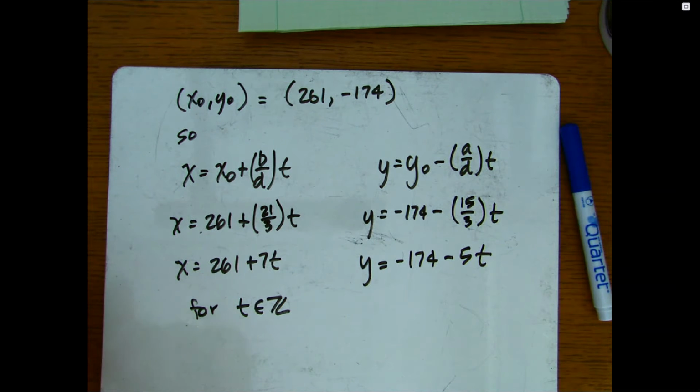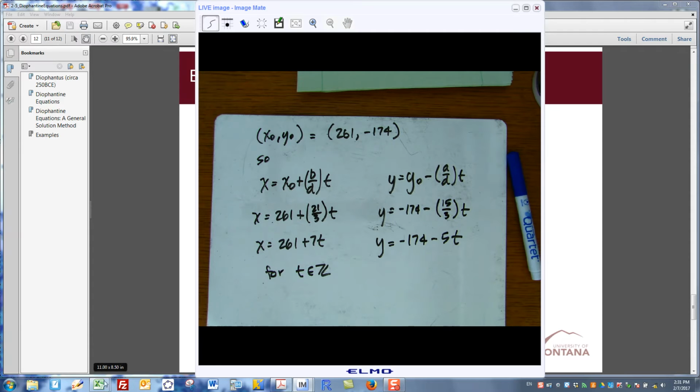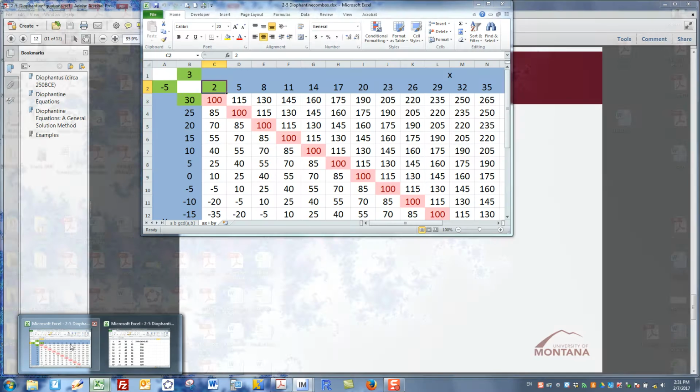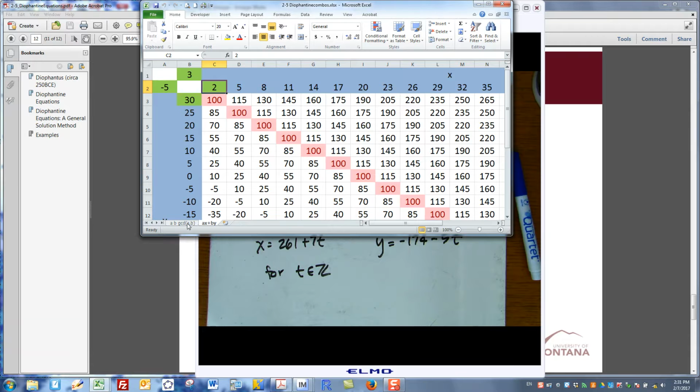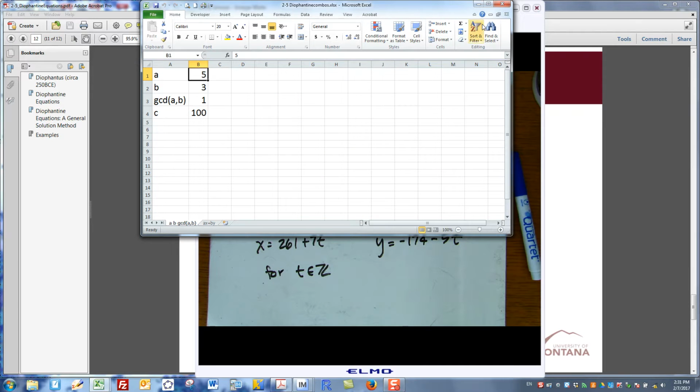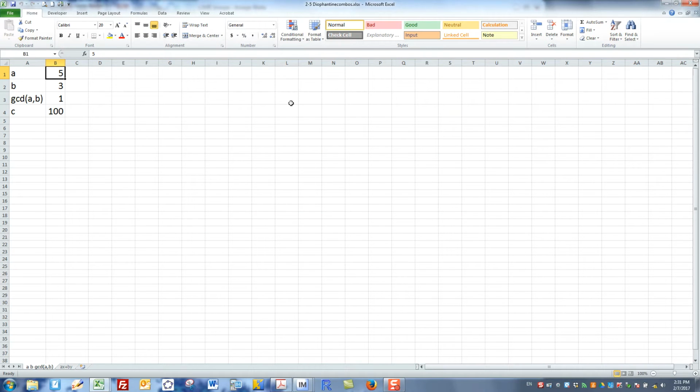Let's see if we can go to this same example using technology, just to give you a sense that you have the right answer here. So let's go here to this sheet that I modified to give you a sense of what's going on in Diophantine equations. So what do we have for A?